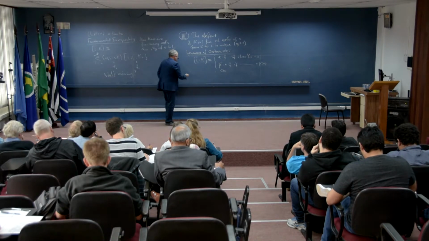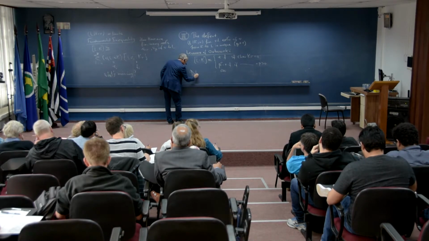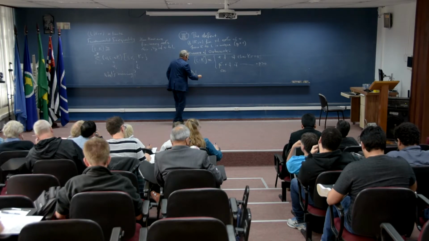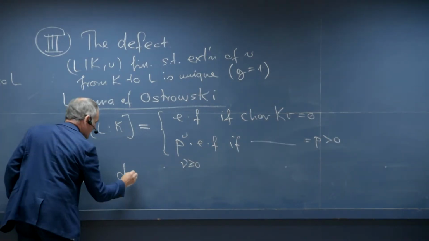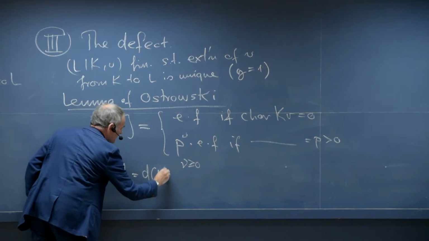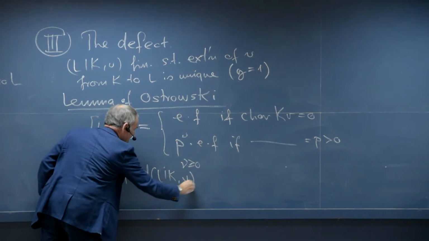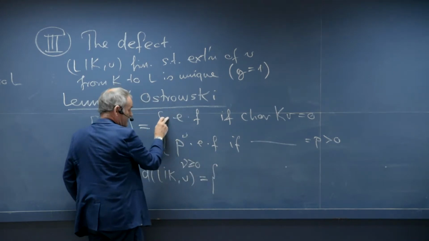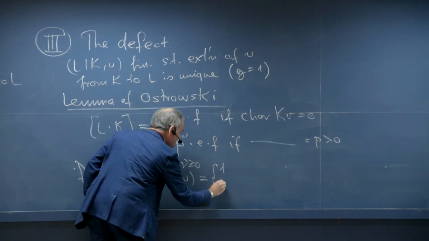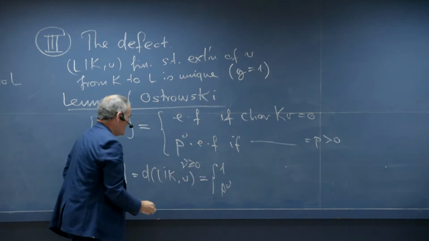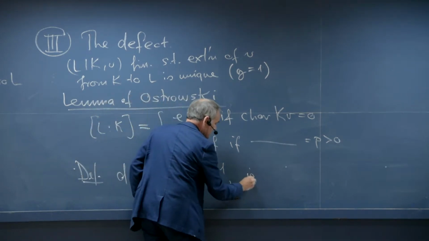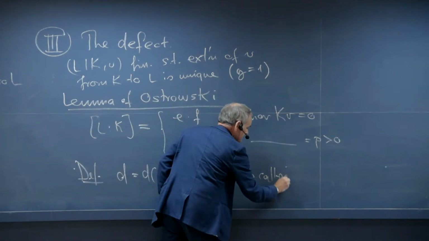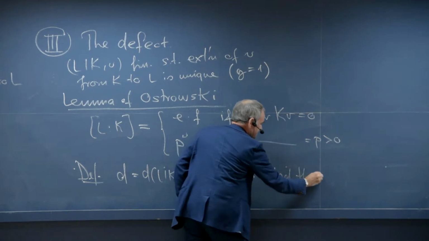In this case, we define d, which is d of L over K, to be either the 1 that we have here or p to the nu, and it's called the defect of this extension.